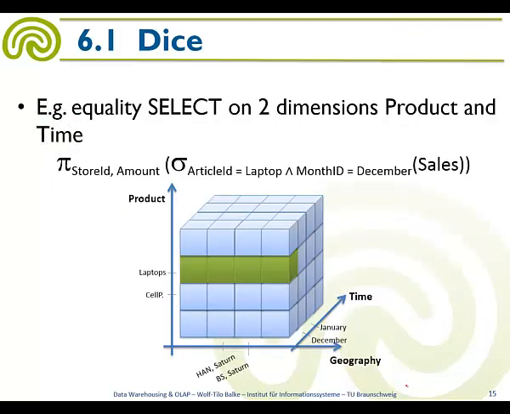So, for example, here we have the article ID is laptop and the month ID is December, and that slices out a much smaller area in my cube, right? So that's just basically a row in the cube. Dicing allows me arbitrary pieces of the cube. Slicing just slices through. Clear what slicing and dicing does? Right.